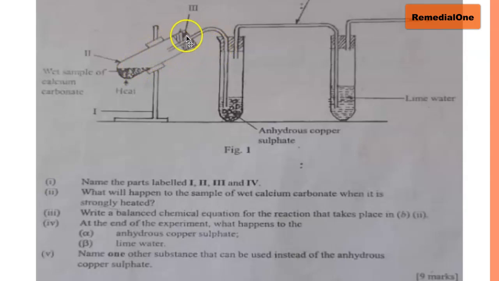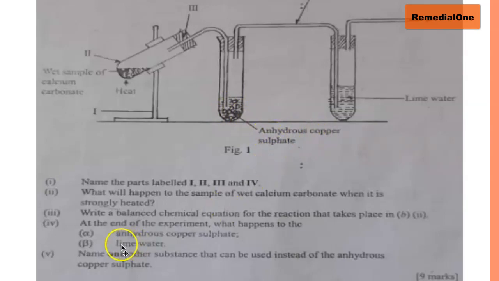So water vapor will pass through the delivery tube and enter this test tube containing anhydrous copper sulfate. This anhydrous copper sulfate is whitish in color. But the moment it becomes hydrated, or the moment water is added to it, it changes color from white to blue. So that is what will happen to the anhydrous copper sulfate. It will change color from white to blue.